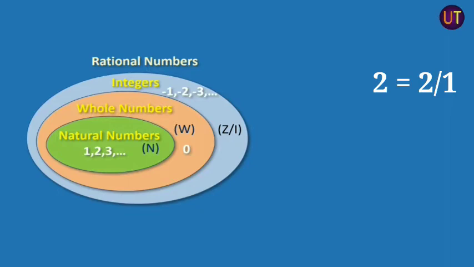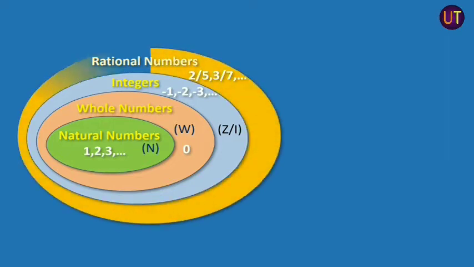This is the form of p by q with denominator not equal to 0, and also 2 and 1 are co-prime. So 2 is a rational number. Rational numbers include all the integers and fractions or decimal numbers. So draw a circle around the integers. This circle represents the rational numbers.